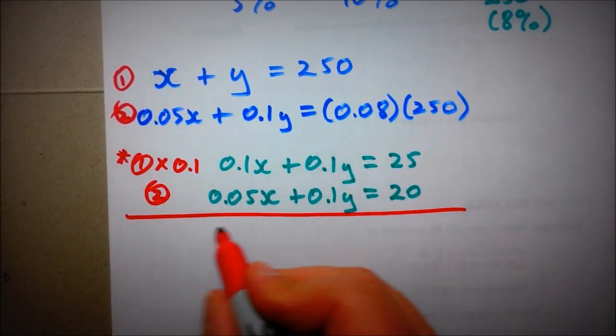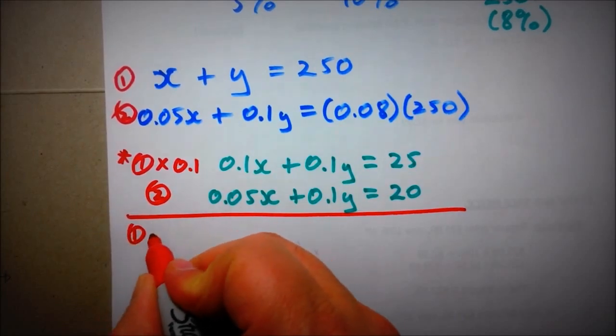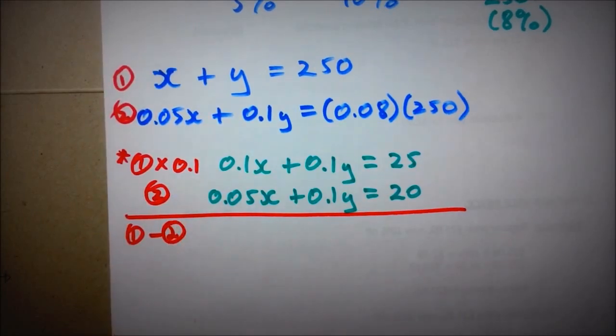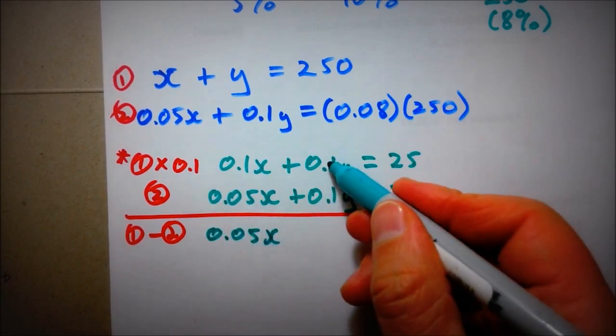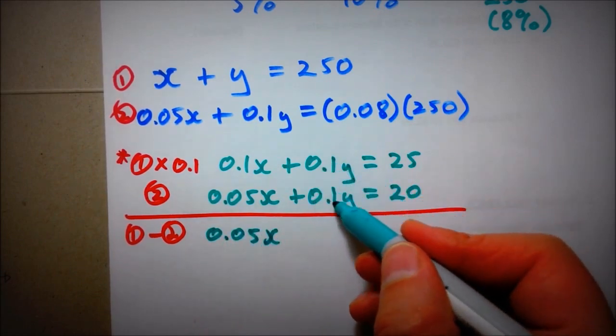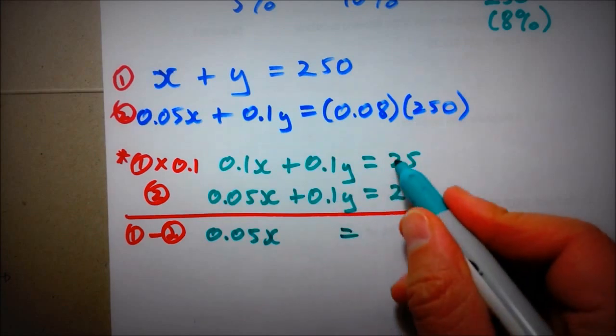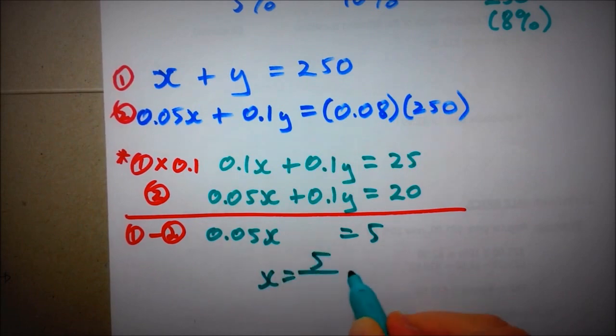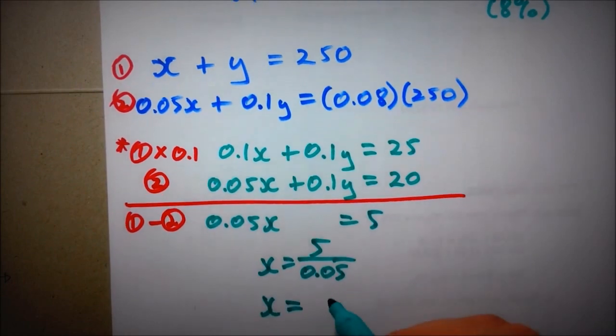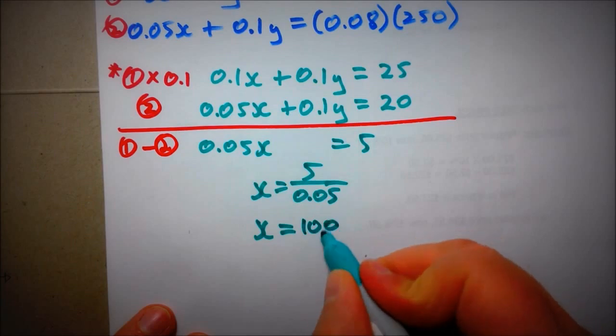So we subtract the new equation 1 minus equation 2, and that is going to give me 0.1x minus 0.05x, that gives us 0.05x, and 0.1y minus 0.1y, that gives us 0. 25 minus 20, that gives us 5. Now x is going to be equal to 5 divided by 0.05. Put it in your calculator, and you get 100.